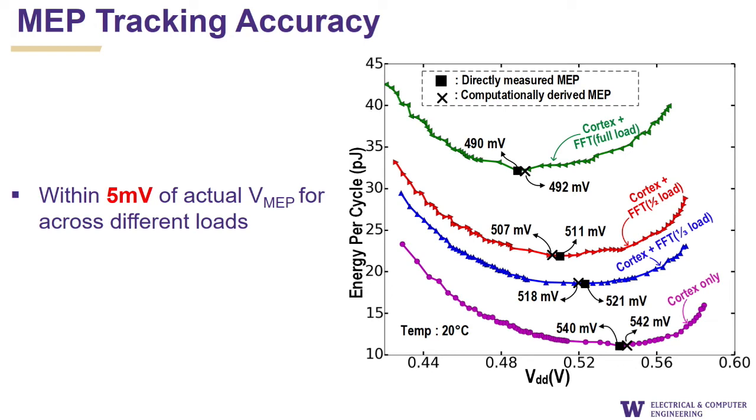And I'll share this view here. My grad student took a lot of time to gather data on it. The Y plot you've got is energy per cycle. The X-axis is VDD. Each of these curves corresponds to a different computational load seen by the system. In this case, we just took something simple.